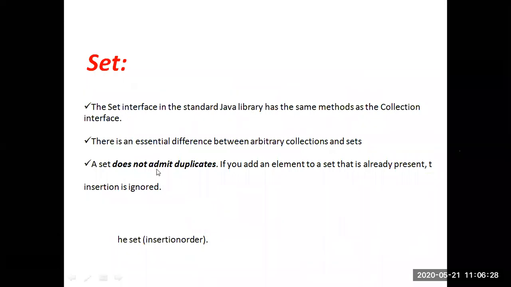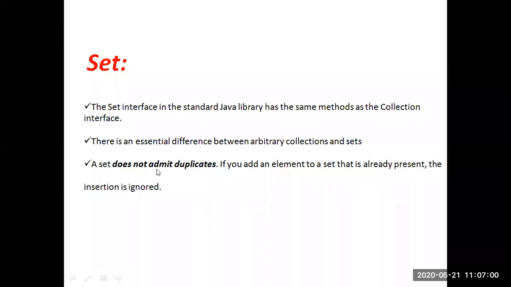When we come to the set, briefly we first have to know what a set is. How can we define a set? A set is also a collection of elements, like a stack or queue or linked list, but one point here is that a set will not accept duplicate values.